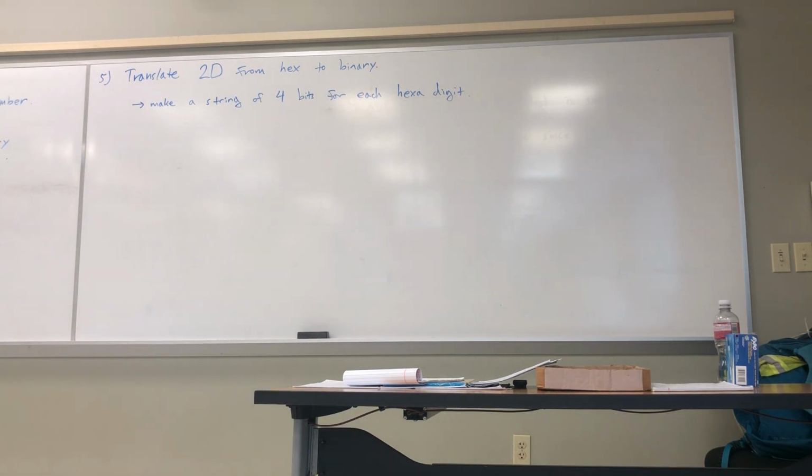For those, you have to make sure that you put in the leading zeros if you need them. So you have to use all 4 bits, even if it's a number that's smaller than 15 or smaller than 10 or something.